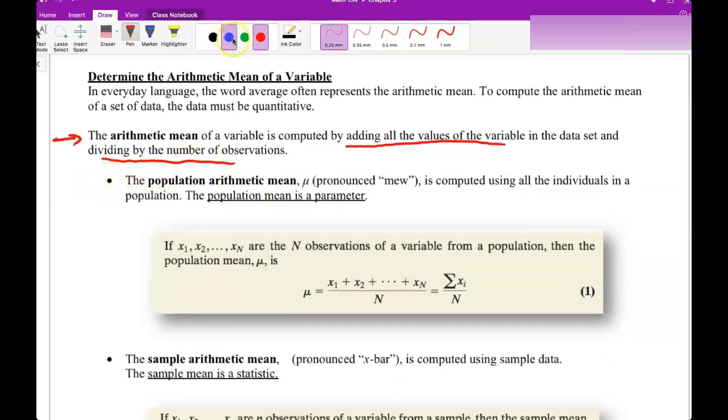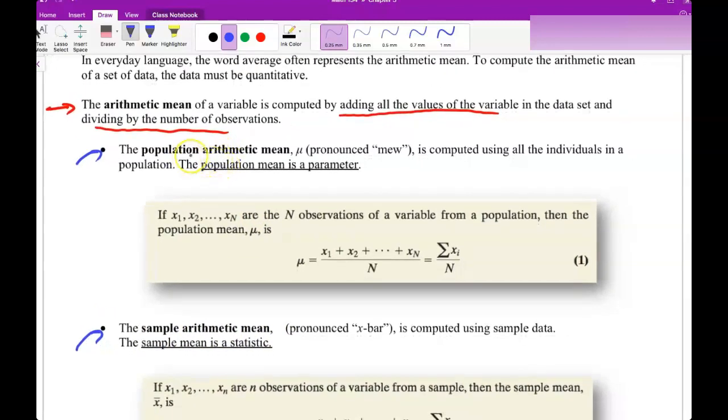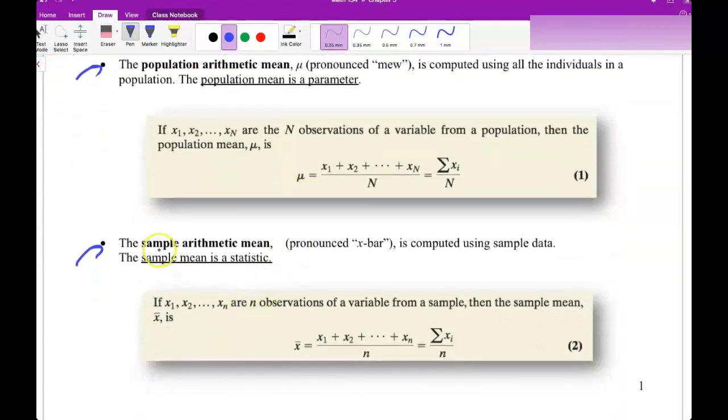Now in the first part, we have the population arithmetic mean. The next one is the sample arithmetic mean. The difference is that when you have a population and you're trying to find the average, you use mu. But when you're working with a sample, instead of mu we have X bar.